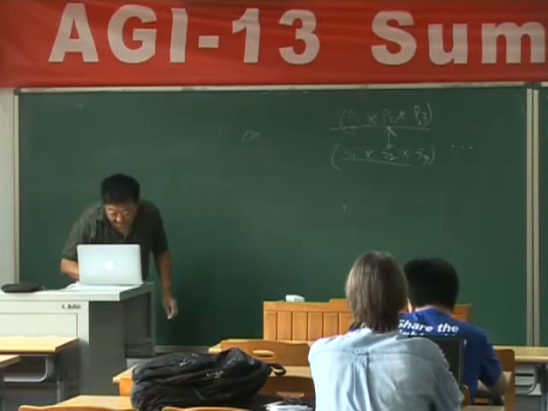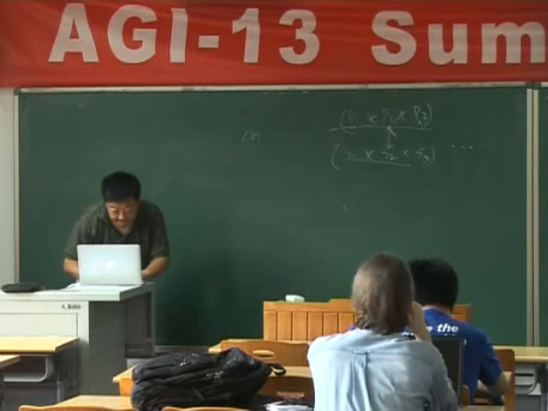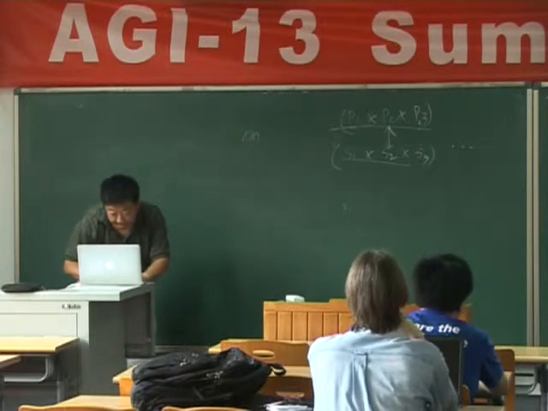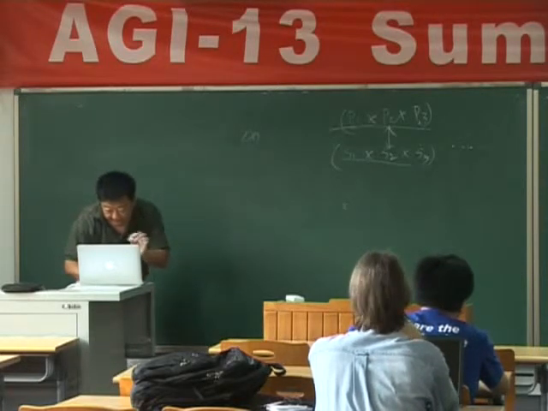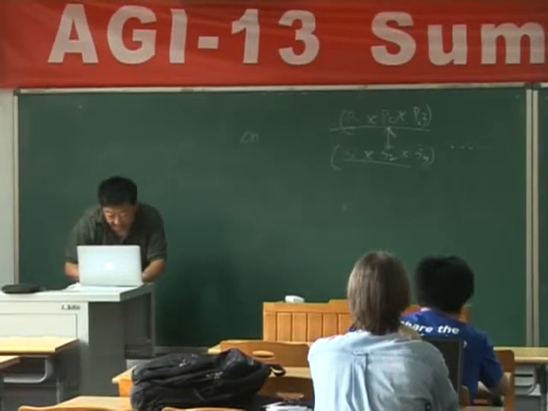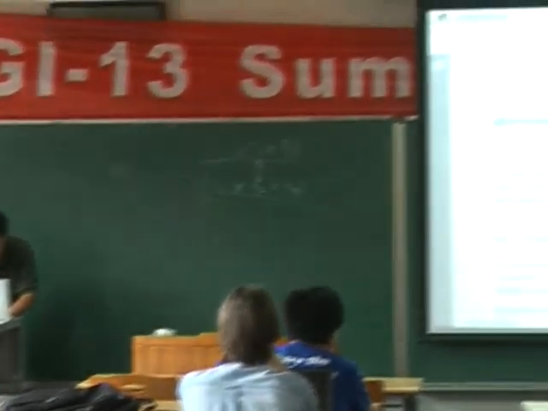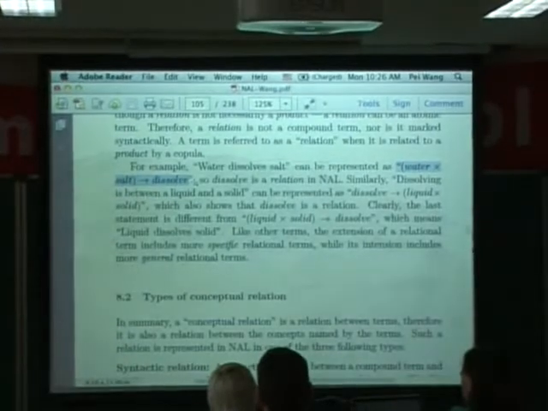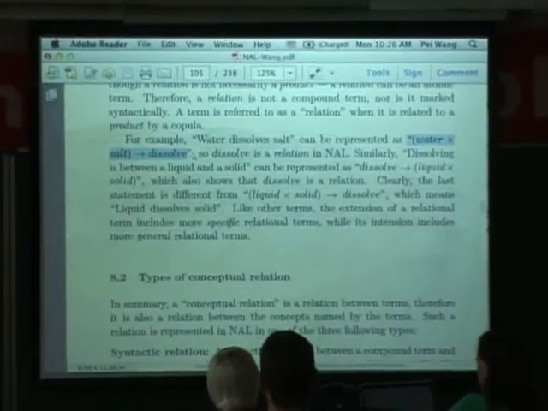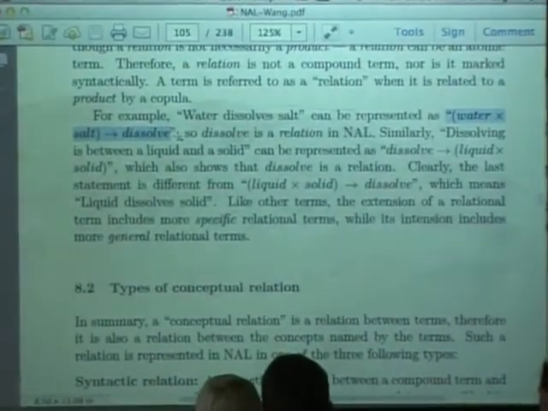Then a relation. Let's first see this group of examples. Each of them is talking about a relationship, and this is called a product. What is a relation?